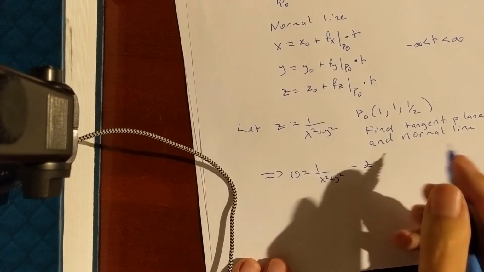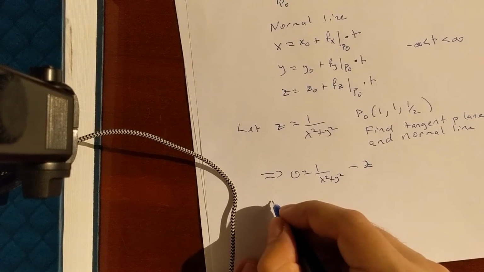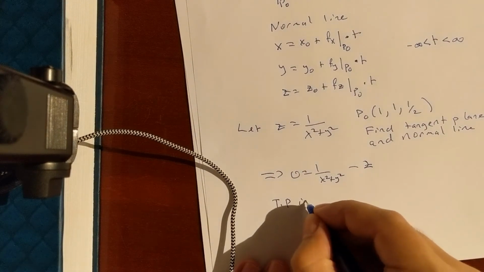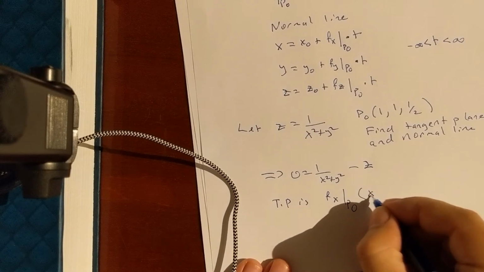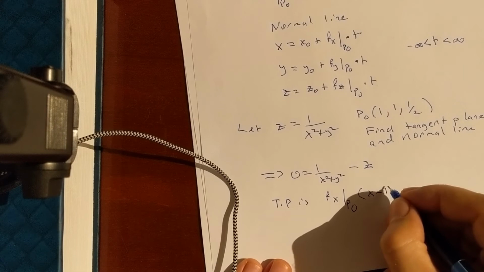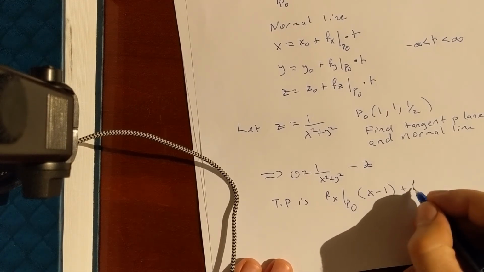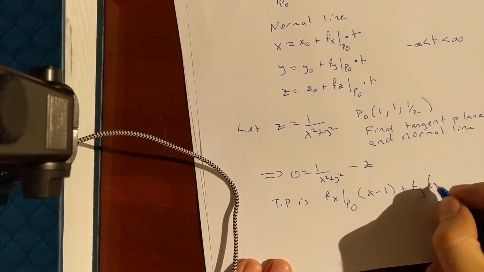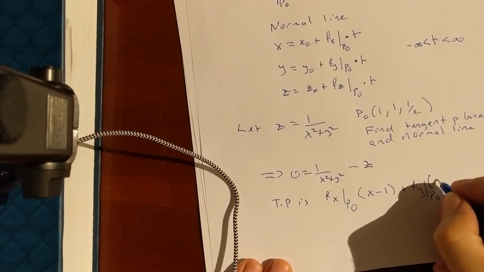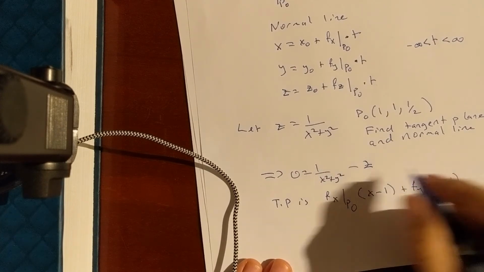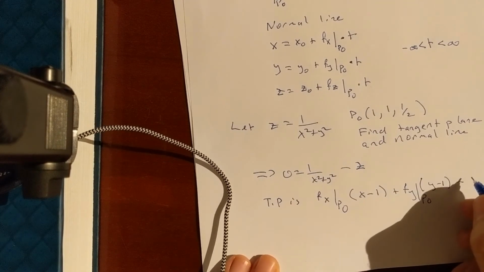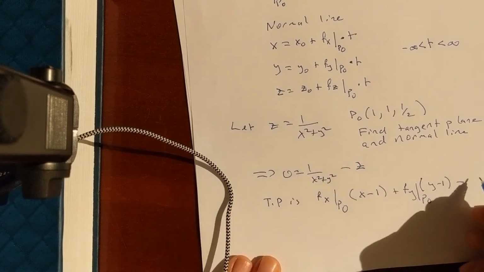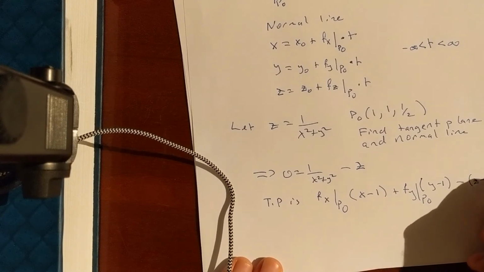The tangent plane is going to be f sub x evaluated at P naught times x minus x naught, which is x minus 1, plus f sub y evaluated at P naught times y minus 1, plus f sub z, which is just minus 1 again. It's always minus 1 when you have a function of two variables. Times z minus 1/2 equals 0.